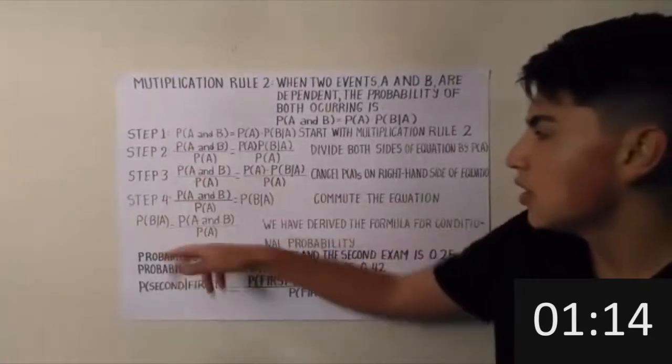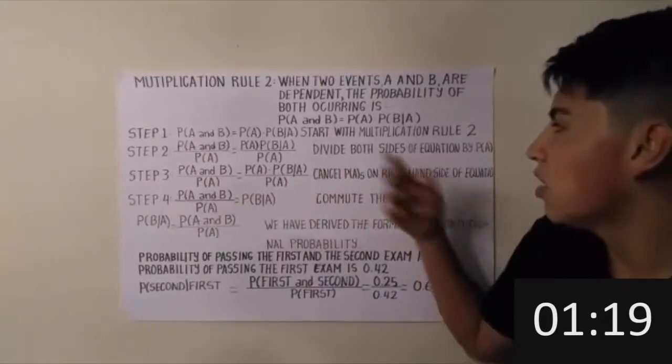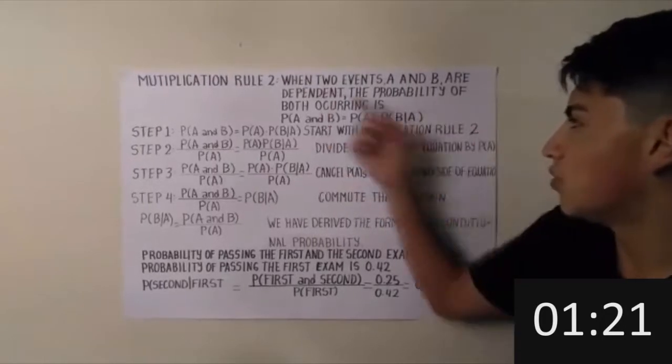We have 4 steps. In the first step we start with multiplication rule 2.